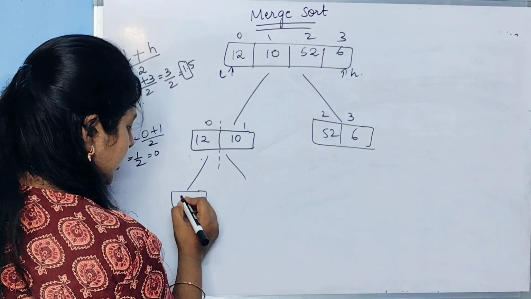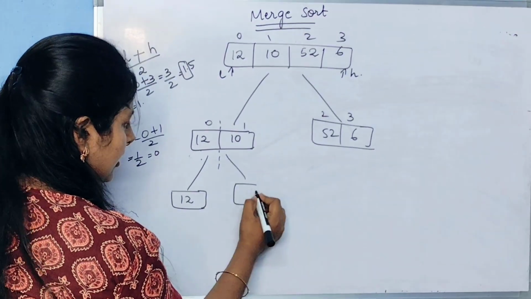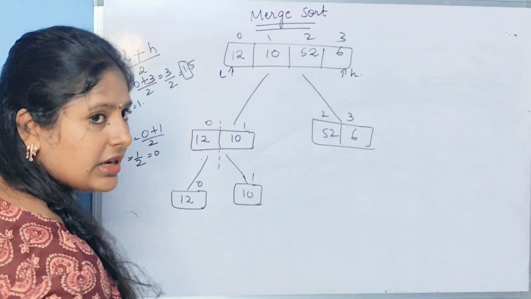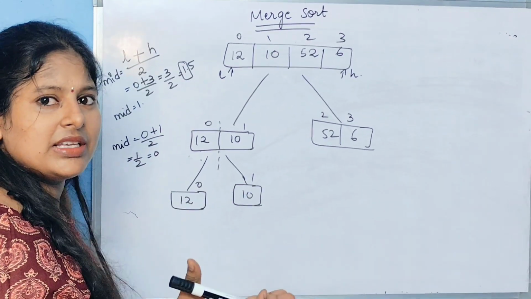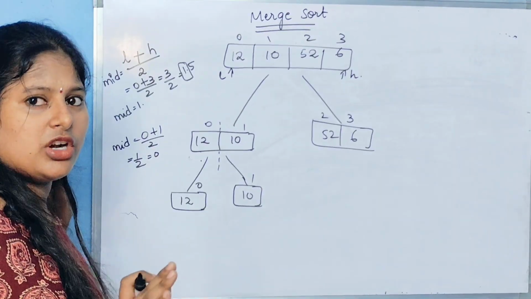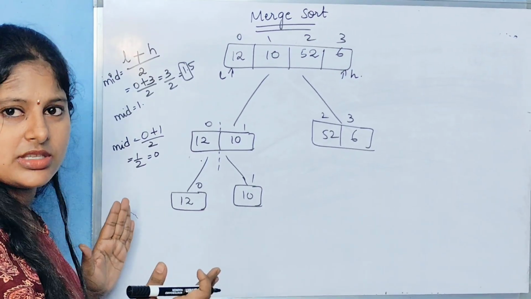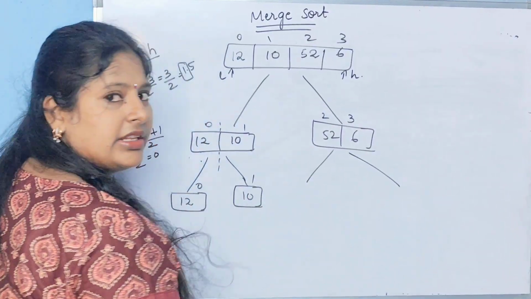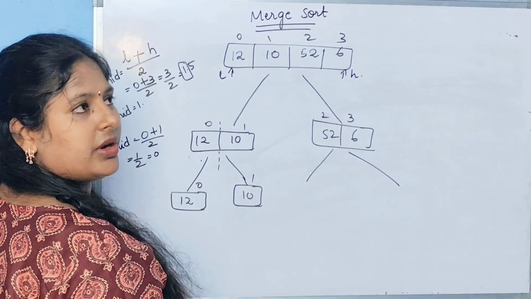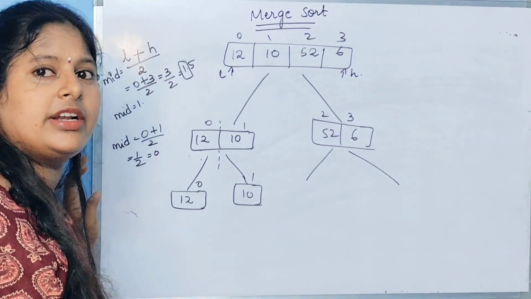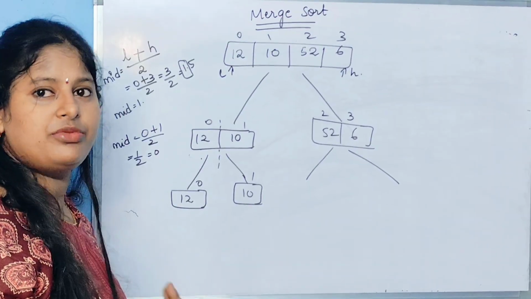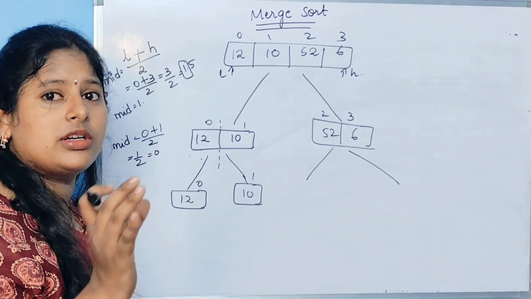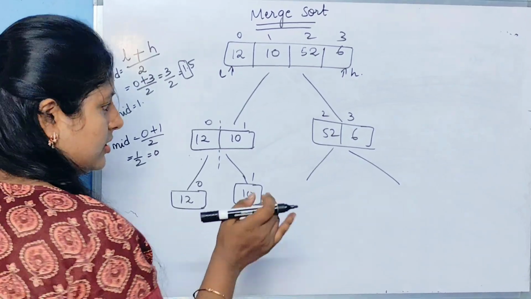My individual elements are 12 first and 10 second, so this is index 0, index 1. While you are splitting these array elements, you should not change the index. Keep them as they are, right? While sorting, they might change. In case you are given a big descending order or random elements, it obviously changes to sorted order, and then your element indexes change.